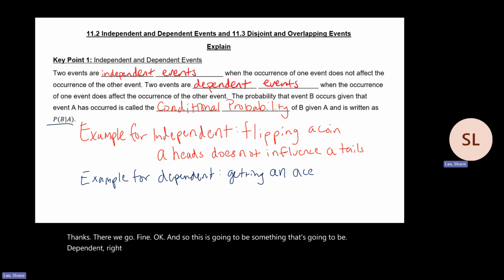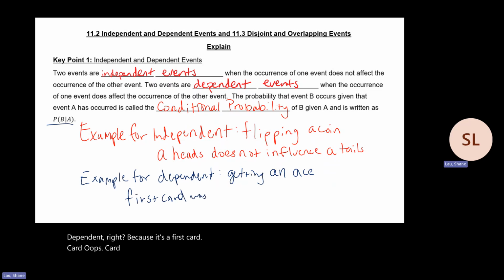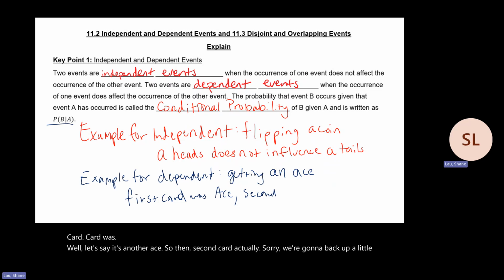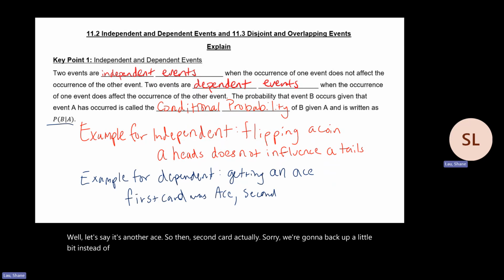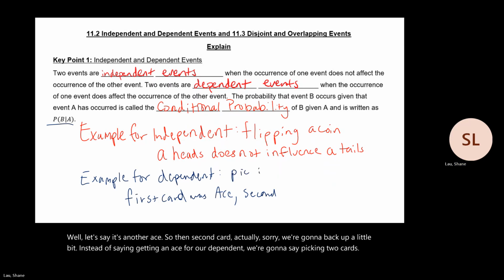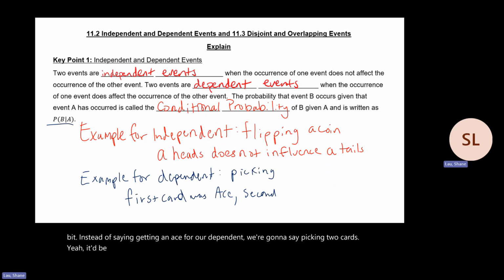Because let's say the first card was, well, let's say it's another ace. So then the second card, actually, sorry, we're going to back up a little bit. Instead of getting an ace for our dependent example, we're going to say picking two cards, and it'll be a little easier.